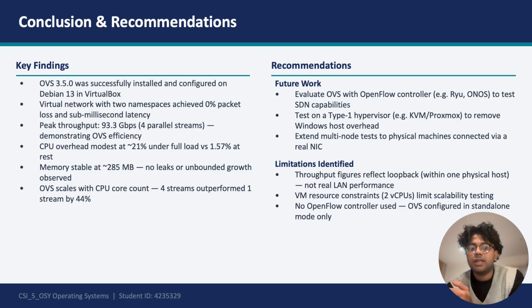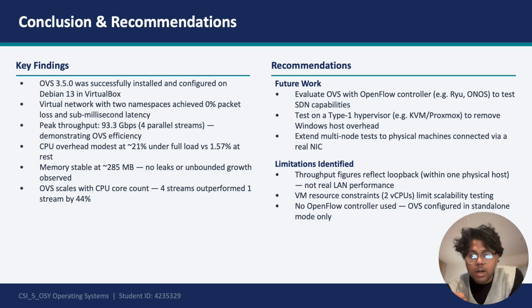For future work and recommendations, the most meaningful next step would be to integrate an OpenFlow controller like Ryu or ONOS, which would unlock OVS's full software defined networking capabilities and allow dynamic flow rule management.